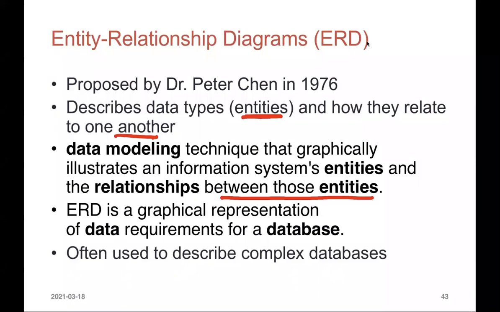An entity relationship diagram is a graphical representation of the data requirements for a given database. Normally, we use ERDs to describe complex databases. In ERDs, as I said, we are modeling data through entities, relationships, and attributes. Let's now discuss each one of those components separately.